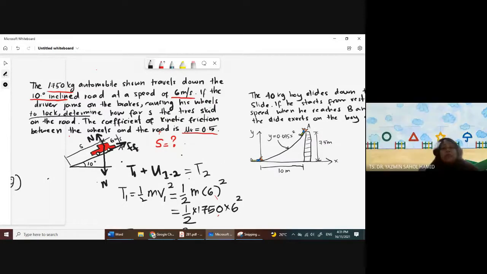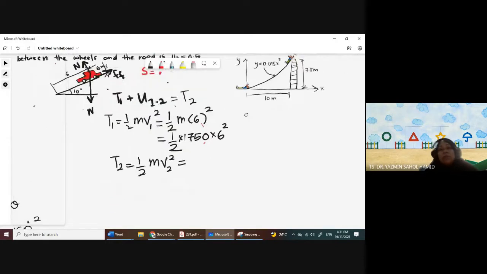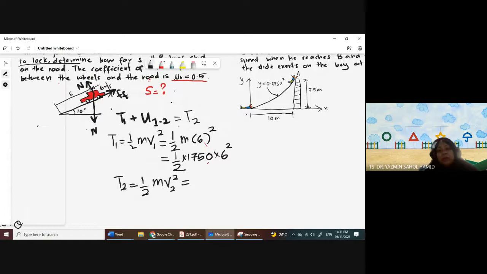Zero. Yes, zero. Please read the question carefully. So the driver jams the brake, so V2 is zero. So 1/2 m V2 squared is zero. So T2 is zero. Okay, alright.